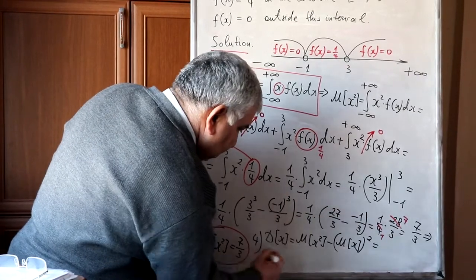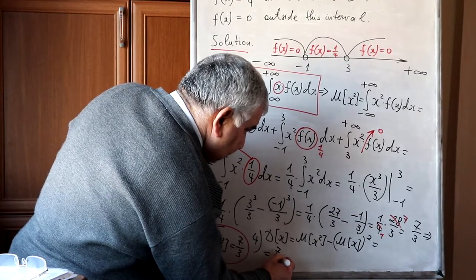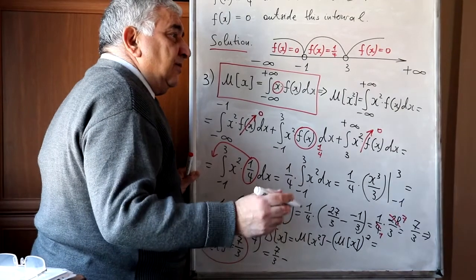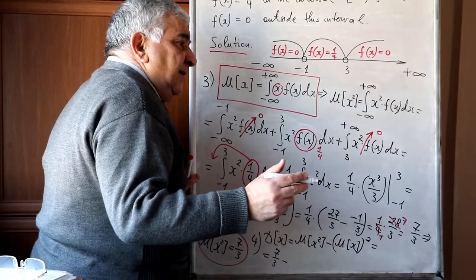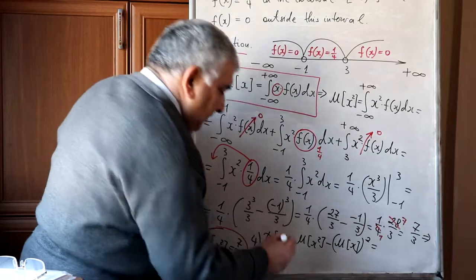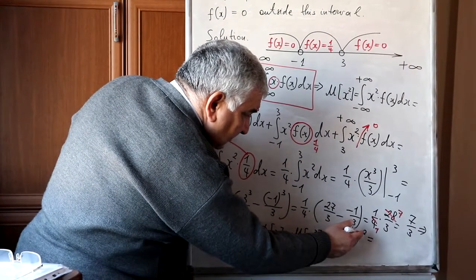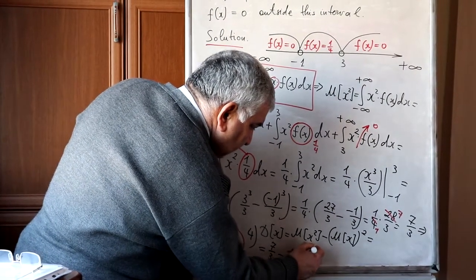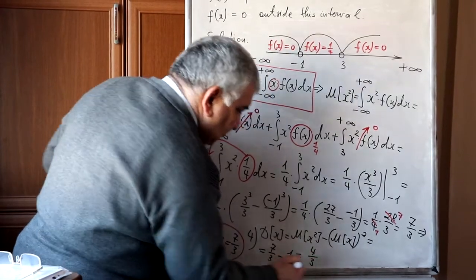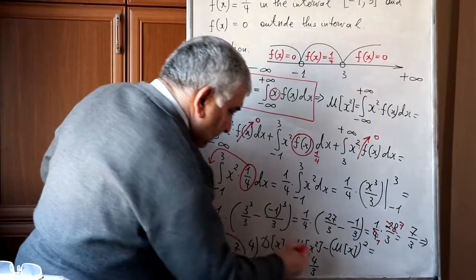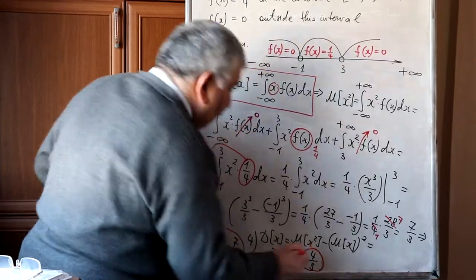Mx squared is 7/3, and you remember that the value of Mx is 1. 1 squared is 1, and our answer is 4/3. It is the answer of our example.